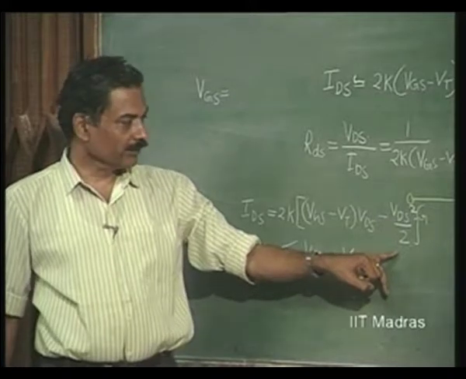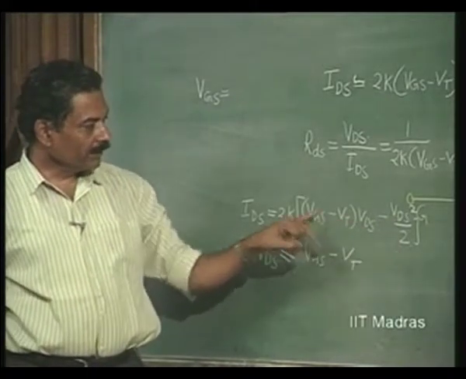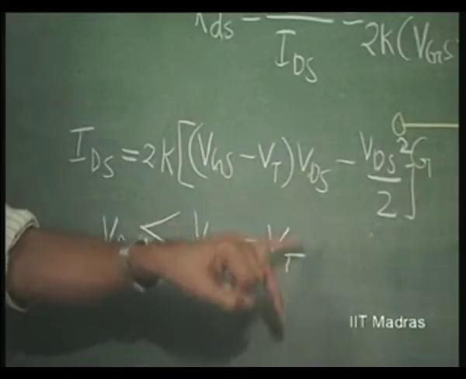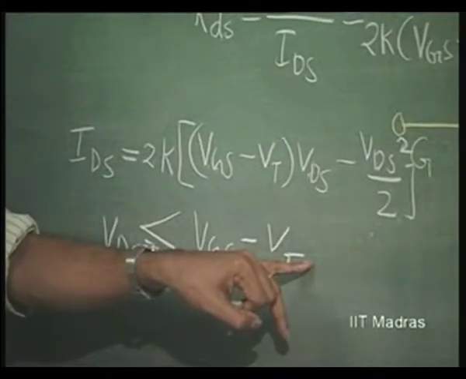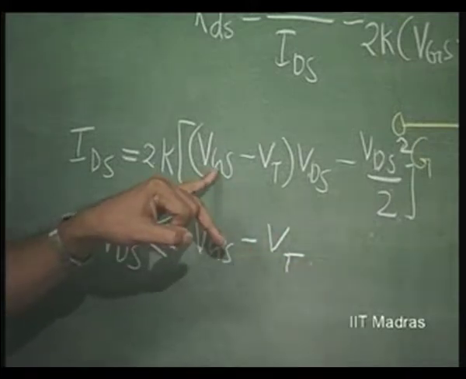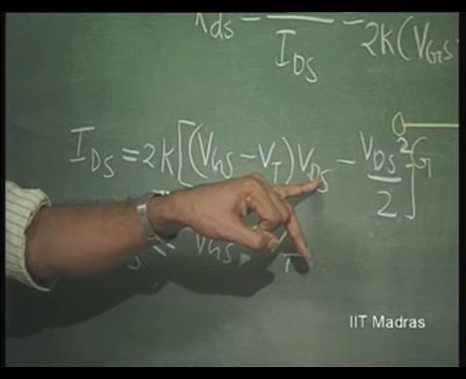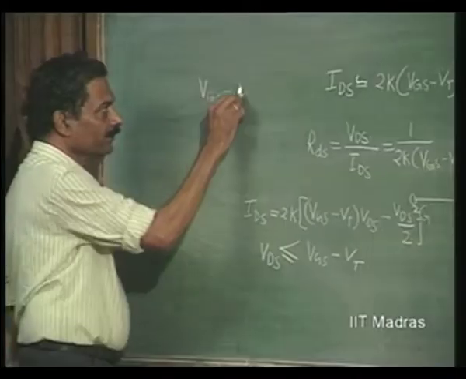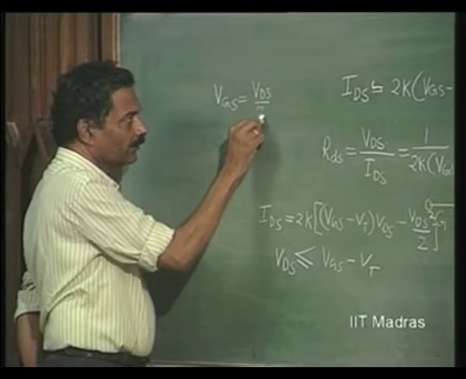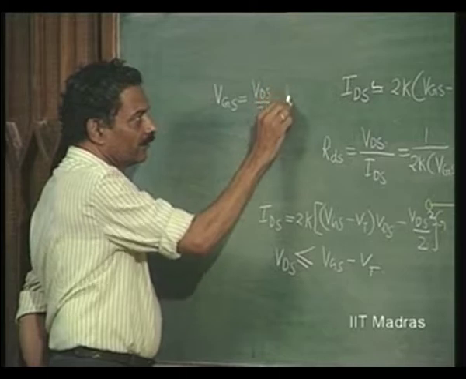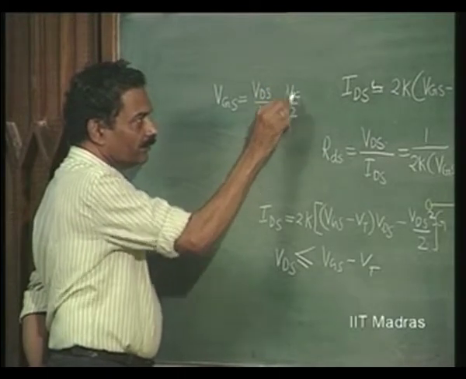So, if I make VGS equal to VDS by 2 plus something, this VDS will multiply with VDS by 2 and cancel this. So, I will make VGS equal to VDS by 2 plus, let us say, VC by 2, some control voltage.